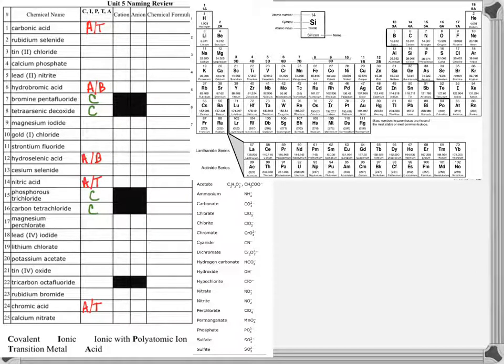And we have tricarbon octafluoride. Octa. If you notice, we have the boxes blacked out for cations and anions because this is the only time that we will not be using that crisscross method, because we know how many elements are in each one because of the prefix. So let's start with covalent compounds. Well, let's identify everything else first.